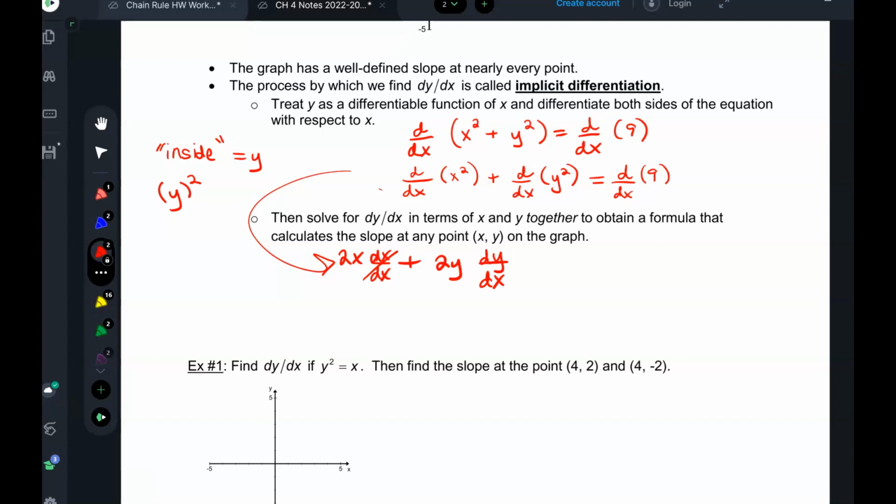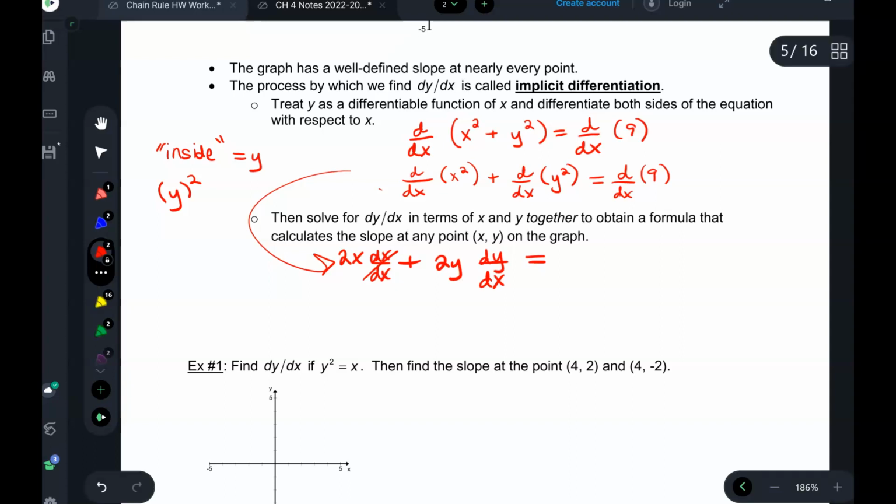If I did the derivative of w squared, it would be 2w dw dx. So anytime the variables don't match, we have to multiply by the derivative of the inside, which is the derivative of that variable.